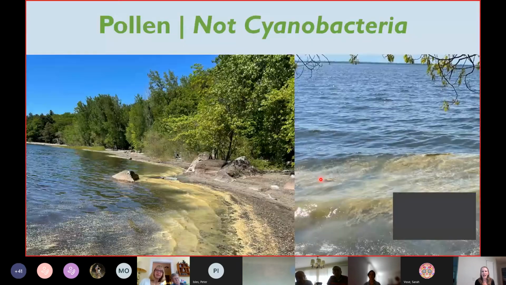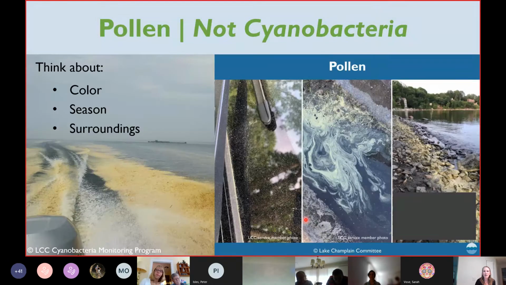Pollen, very prevalent now. It comes in shades somewhat similar to cyanobacteria, but usually a lot brighter. And it's going to show up on the surface water, and you're generally seeing it at a different time than you would see cyanobacteria. So when you're thinking about how to differentiate pollen from cyanobacteria, think about color.